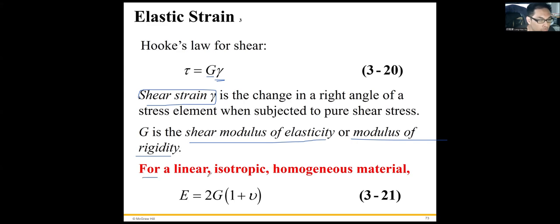And for a linear, isotropic, homogeneous material, there is a relation between the Young's modulus, the modulus of rigidity, and the Poisson ratio. Remember, this equation can only be used when the material is linear, isotropic, and homogeneous.